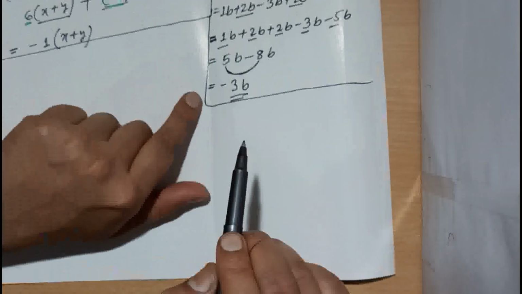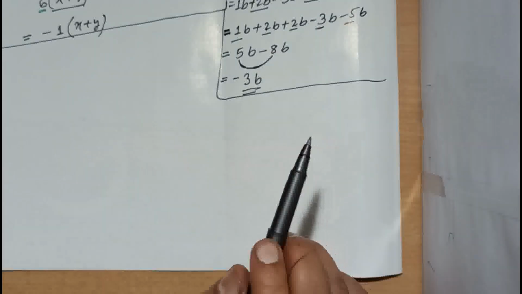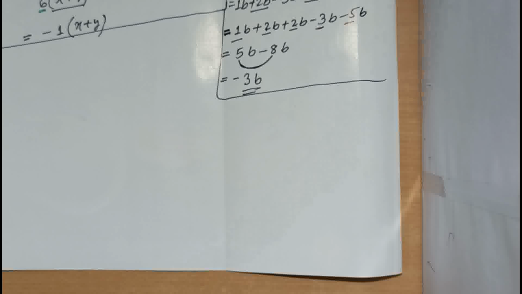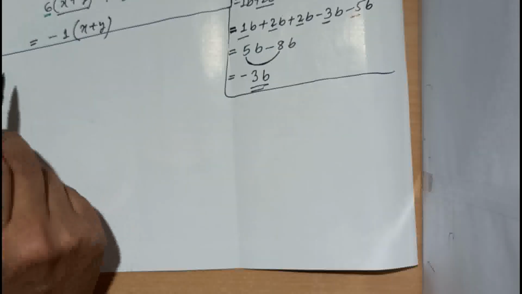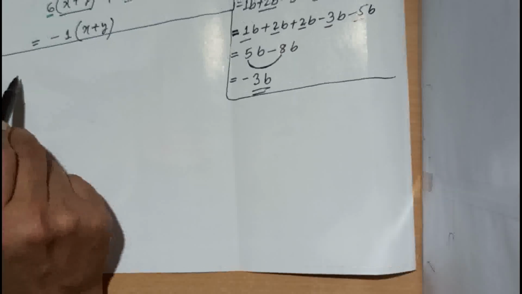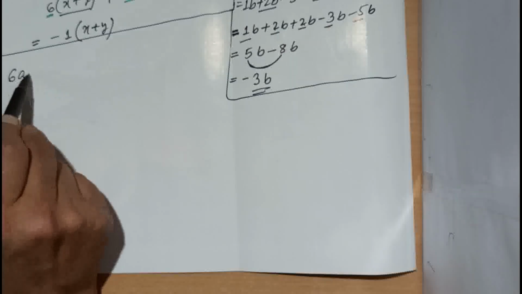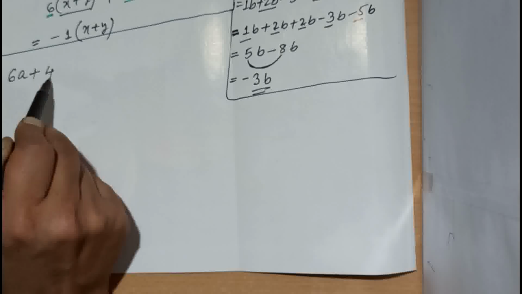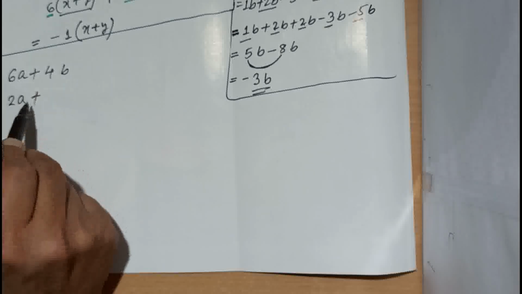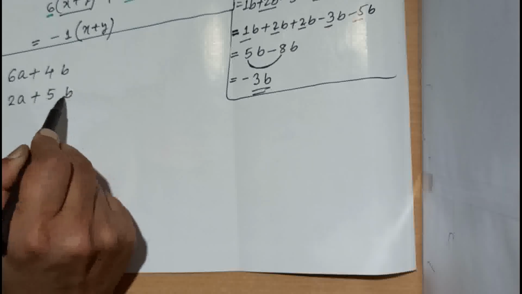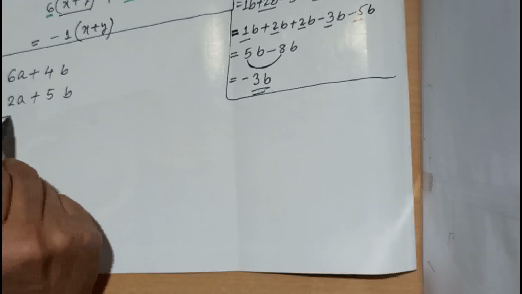So this is your answer. Now in your book some vertical additions are there. So let us take an example. In your book some examples are given. This is 6a plus 4b and 2a plus 5b. It is a very easy task to add.